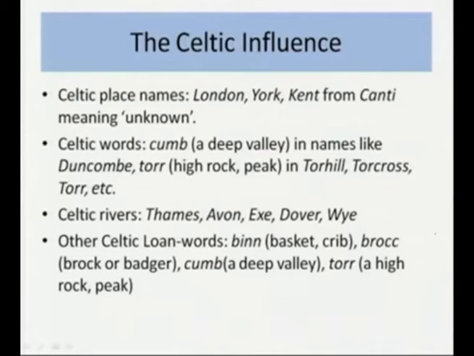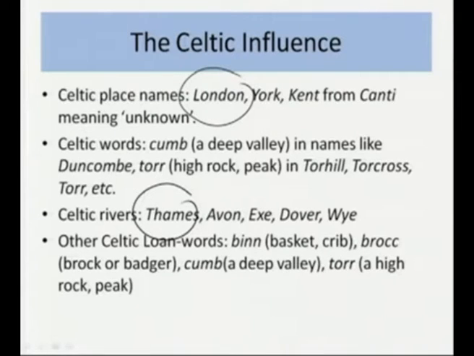So, these are the names that have remained, and there are certain words like combe, a deep valley, in names like Duncombe, and Tor, high rock or peak, in Torhill, Torcross, etc. And the names with Celtic roots, for instance, Celtic rivers are Thames, Avon, Exe, Dover and Wye. So, you can imagine the two most famous words really when you look at England.